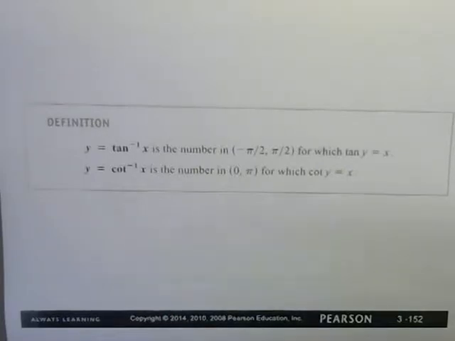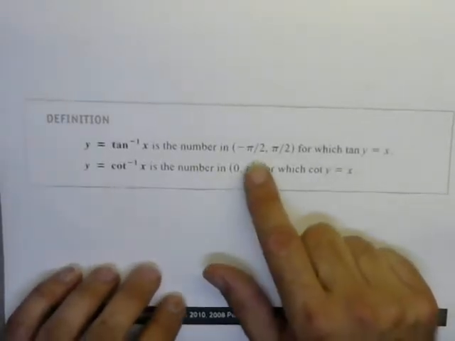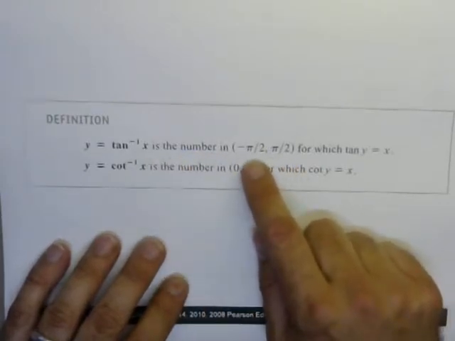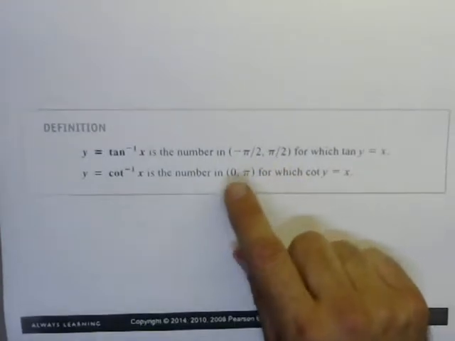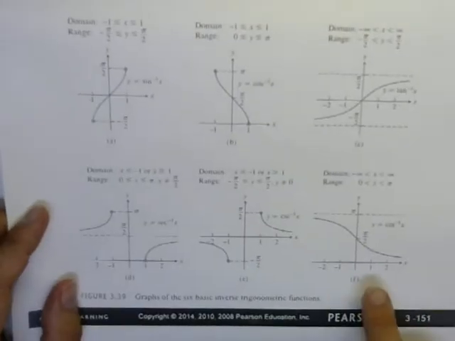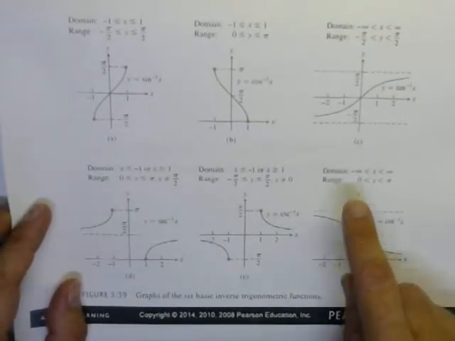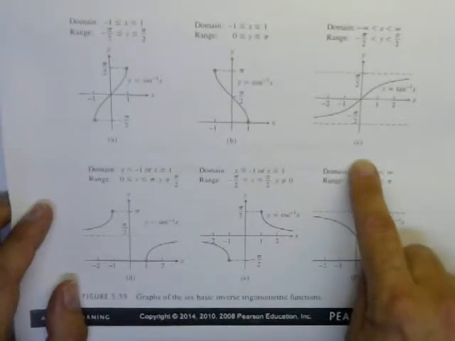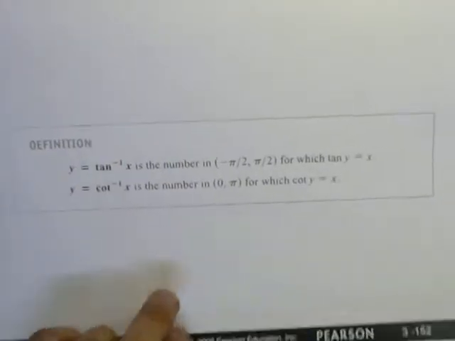Especially for the inverse tangent function, the range is between negative pi halves and pi halves. For inverse cotangent, it's between 0 and pi. In particular, that's one set of trig functions that you'd want to look at.